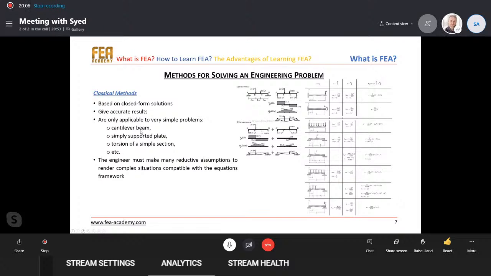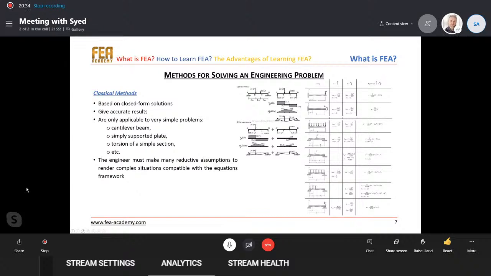However, they are only applicable to very simple problems. For example, a cantilever beam or a simply supported plate, a torsion of a simple section, for example. So even if they have been employed intensively at the beginning of the 20th century, they are only used for structural problems with simple geometry and loading and boundary conditions.